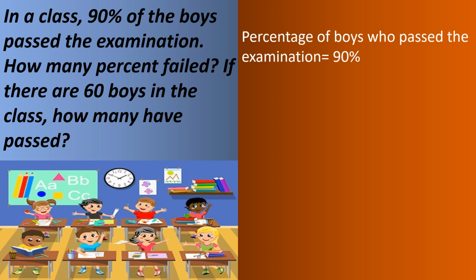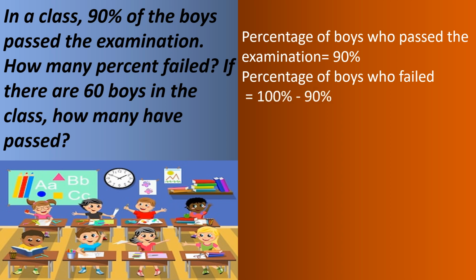It means the percentage of the boys who passed the examination equals 90%. I have already told you the meaning of percent is per 100. It means if there are 100 boys in total, then 90 have passed. So what is the percentage of failed? Percent of boys who have failed equals 100% minus 90%, that is 10%.